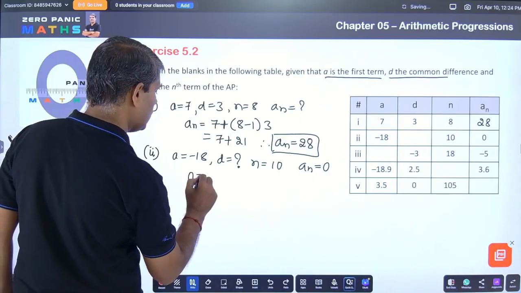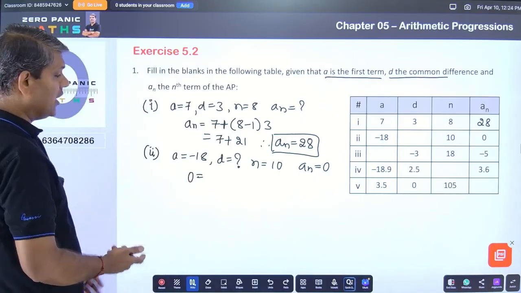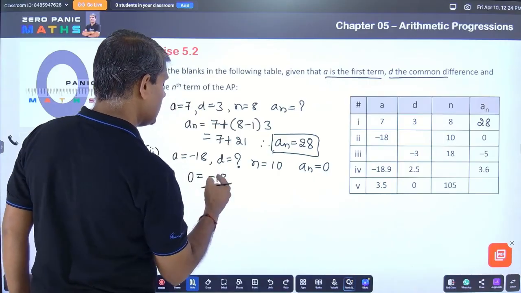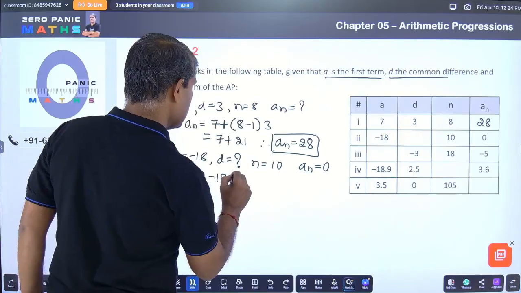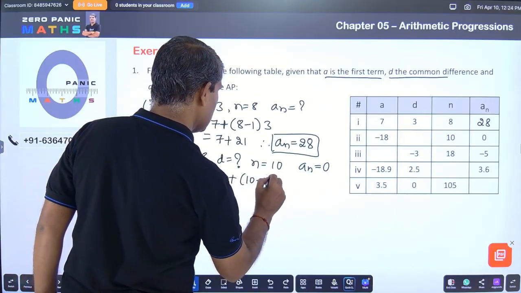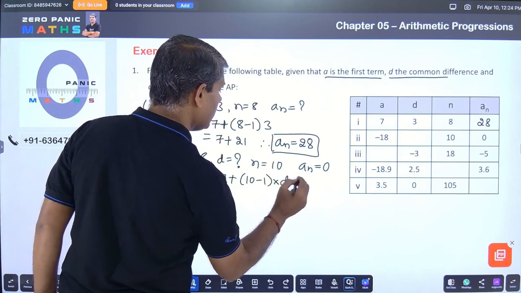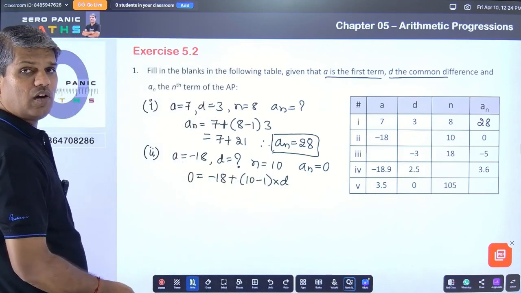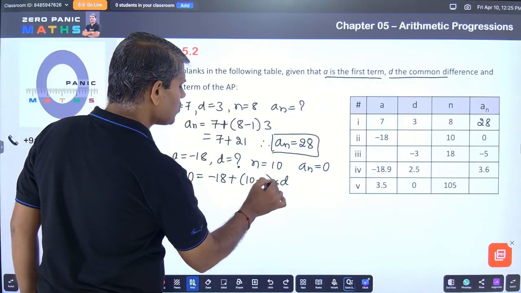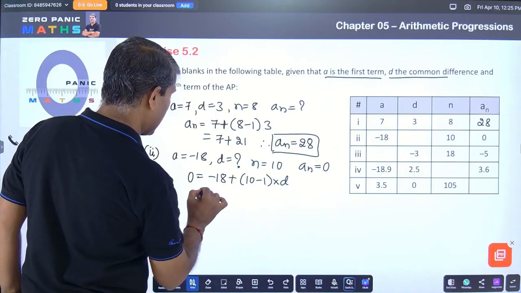We need to start with the a_n value. 0 is equal to minus 18, which is a, plus (n minus 1), where n minus 1 is 10 minus 1, into d, and we don't know the value of d, and that is what we need to find. So 10 minus 1 is 9, giving 9d.